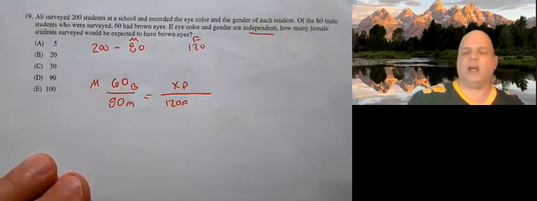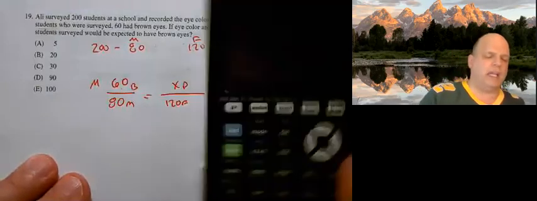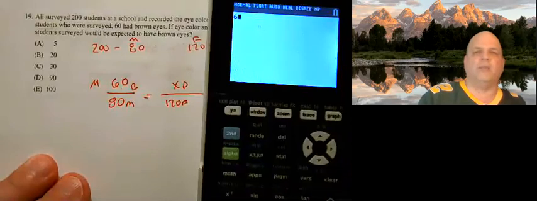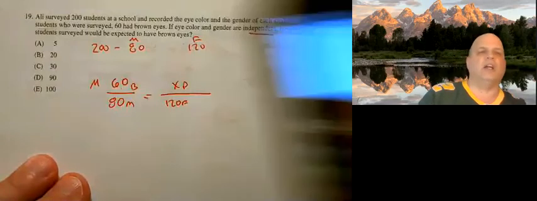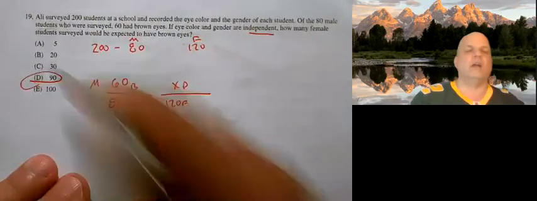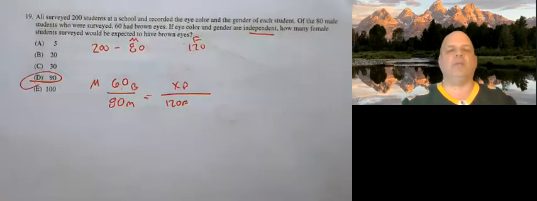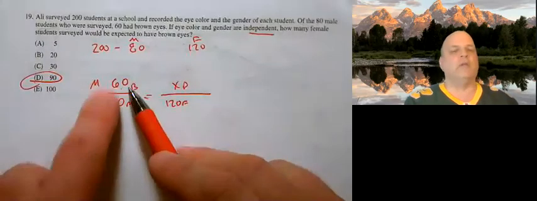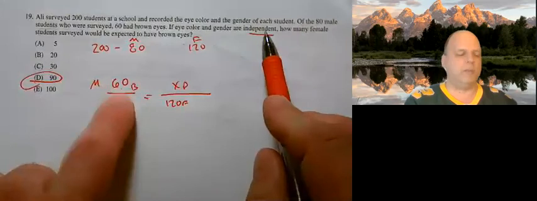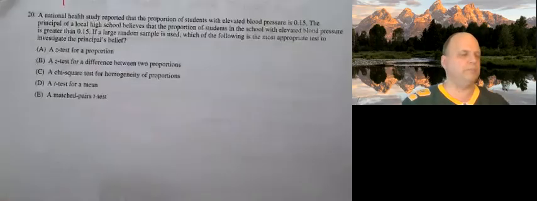So 60 times 120 divided by 80 gives me 90. And sure enough, 19 is D. So 90 brown-eyed females, because once again, remember, they have to be proportional. If they are independent, they are proportional.